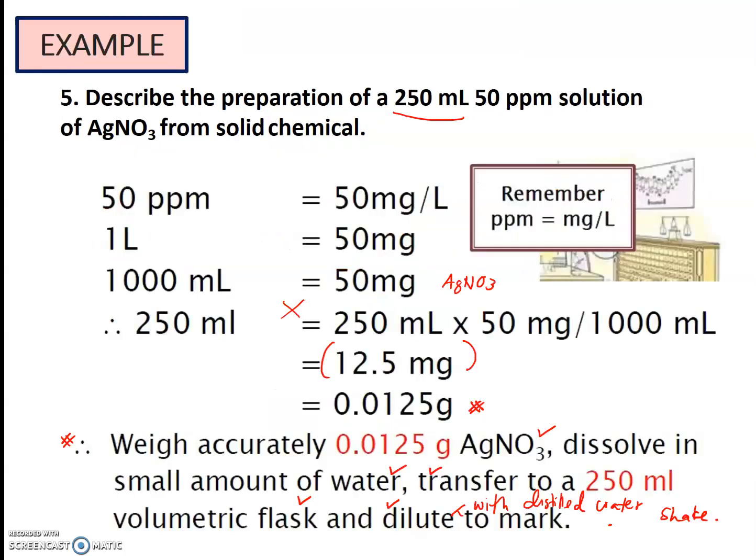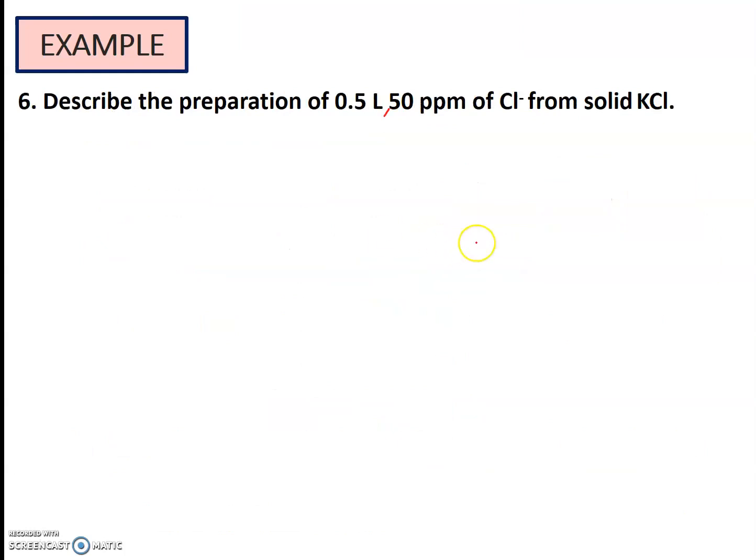So in this case, given concentration of ion from molecule, in the end we will also find the mass of potassium chloride that we will weigh. So in this question, directly write the molecule.